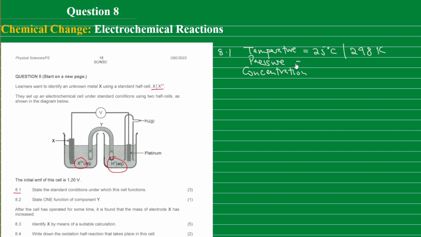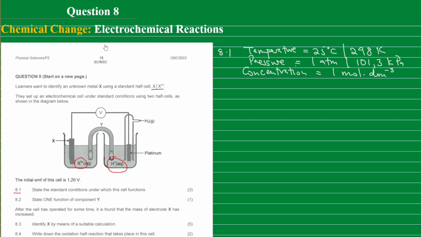For pressure, we are looking at 1 atmosphere, which is equivalent to 101.3 kilopascals. So you can write either of these. And then concentration is 1 mole per cubic decimeter, the concentration of the electrolytes. Remember, these standard conditions are given in your data sheet, so you'll find them there.